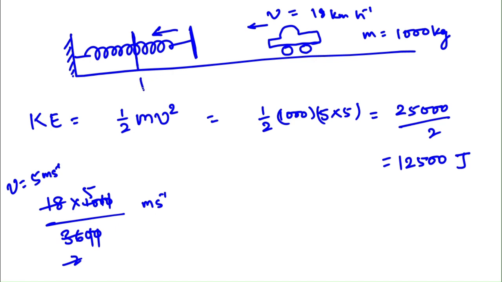So let's say the displacement of this end of the spring is x m, and for that much compression the spring force should do certain work. Let's write W, because of the spring force.